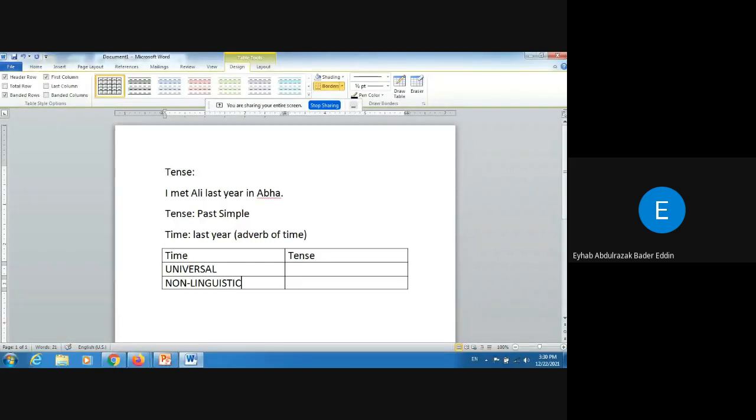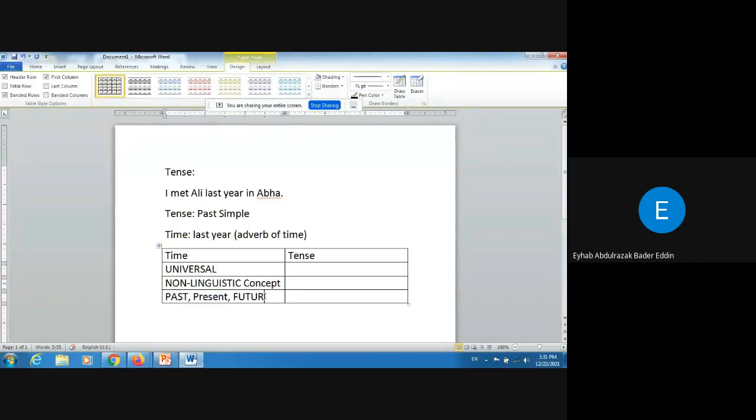So it is a non-linguistic concept. Clear? And it is usually divided into past, present, and future. So usually we have three divisions of time: past, present, and future.